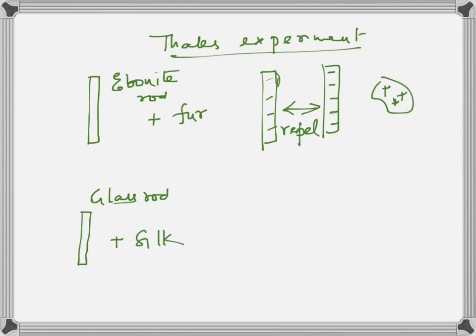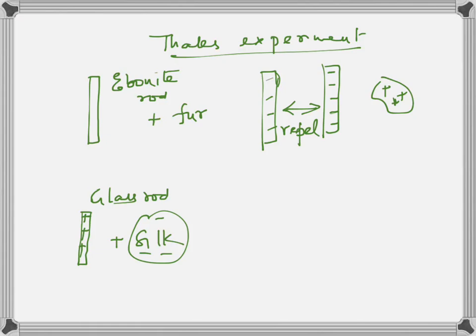Now in such a case, surprisingly, glass rod gains positive charge, silk gains negative charge. In fact, the rule is, whichever material is hard, it will gain electrons. Whichever material is soft, it will lose electrons. Silk is a fairly hard material, so it gained electrons, whereas fur is a loose material, it lost electrons.